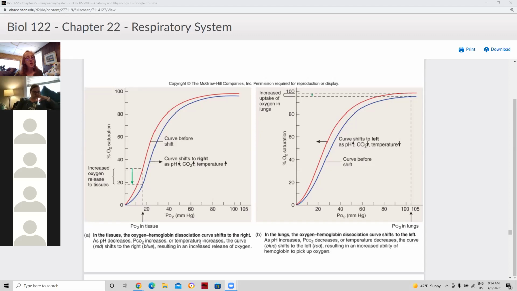This is what would be occurring in the lungs. You want the hemoglobin to easily bind oxygen when it's in the lungs, and then be willing to give it up and release it in the tissues. Any questions?